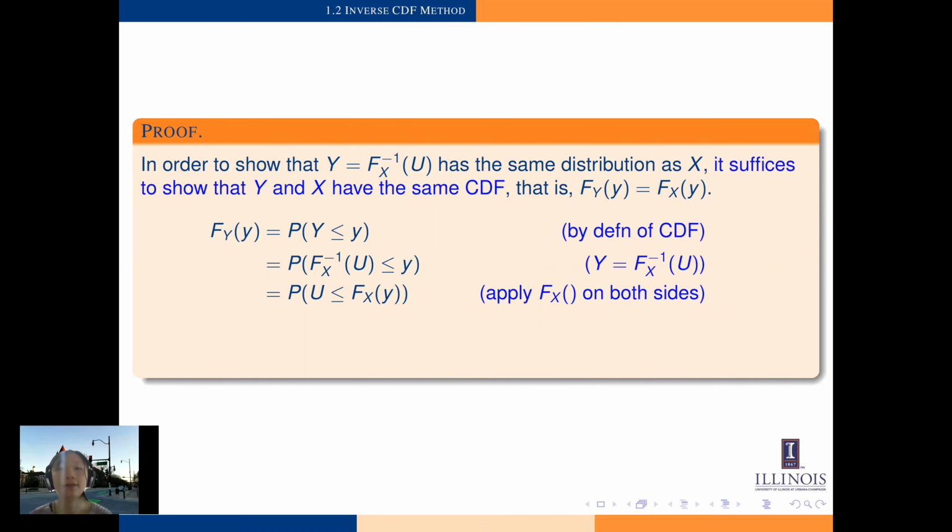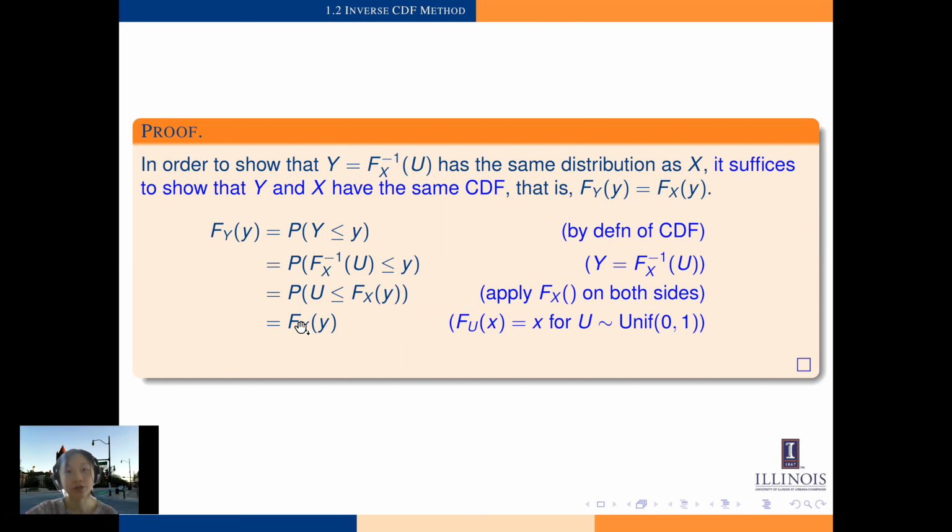If we apply the F_X function on both sides, we know that the former one is equal to the probability that U is less than or equal to F_X(y). Now, note that this is the CDF of the uniform distribution.